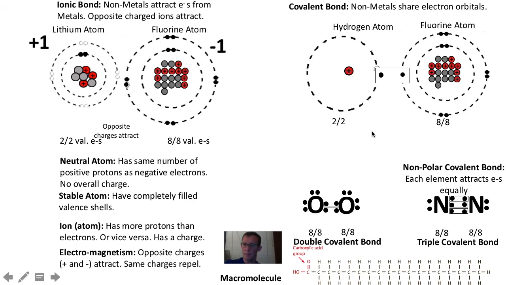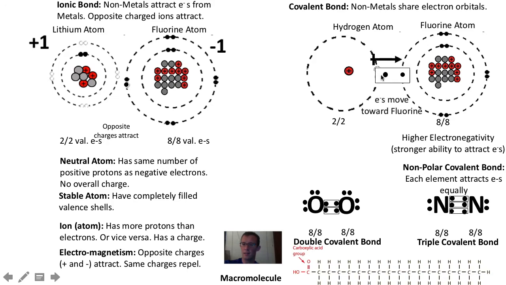However, sometimes one of the elements in a covalent bond has a higher electronegativity. That is, it has a stronger ability to attract electrons. So in this example, since fluorine has the higher electronegativity, it will attract these shared electrons slightly closer to itself. And in the process, this makes the fluorine atom just slightly negative because it's slightly attracting these negative electrons.